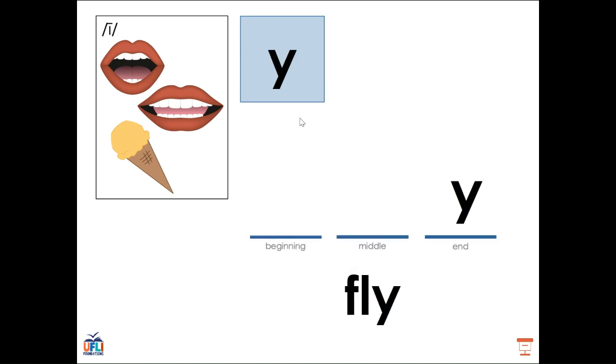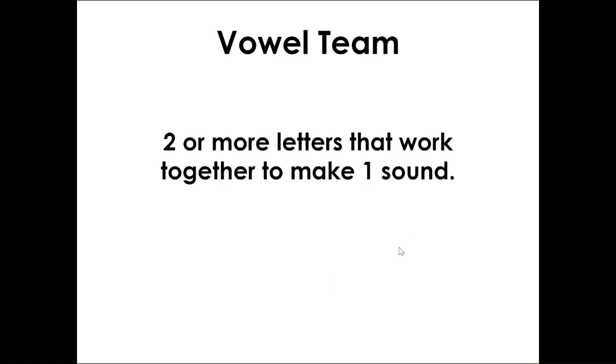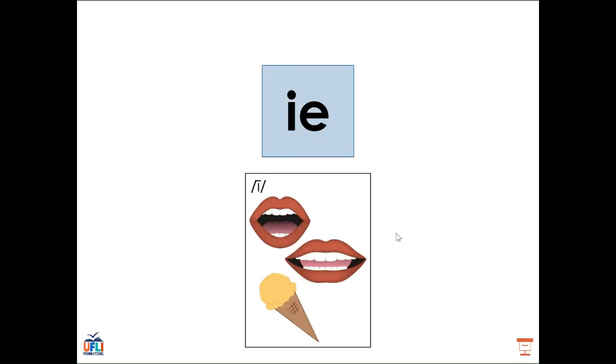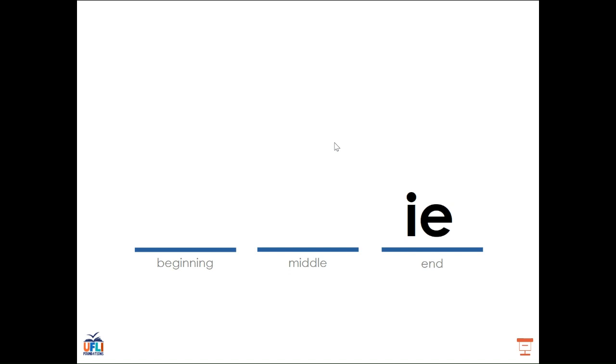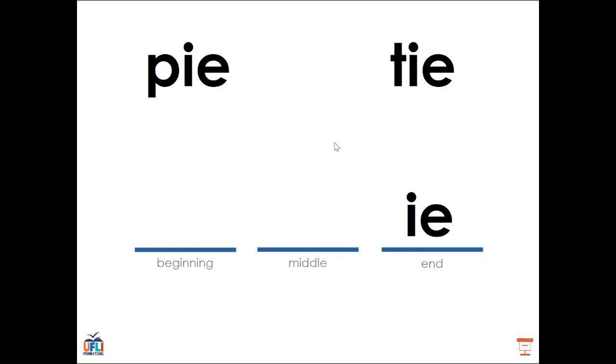All right, we know that Y at the end of a one-syllable word will say I, as in the word fly. We have also some vowel teams that will say I. It's when two or more letters work together to make one sound. IE is an example of a vowel team that says I. IE can be at the end of a word, as in pie and tie.